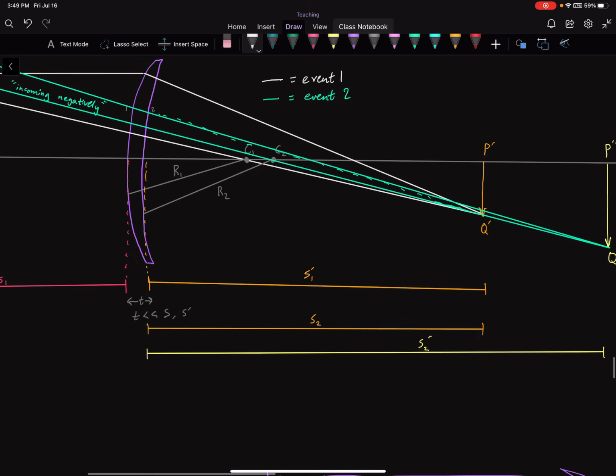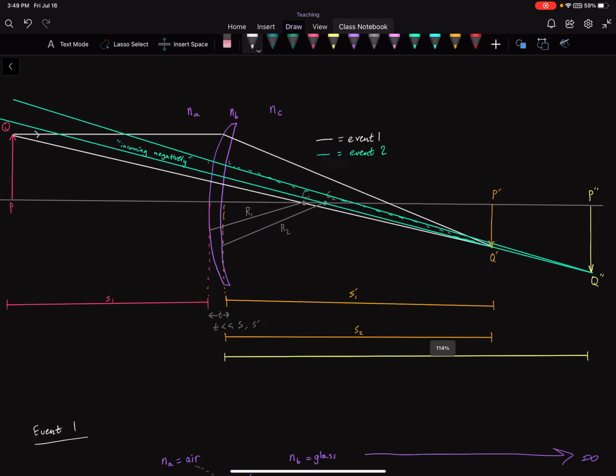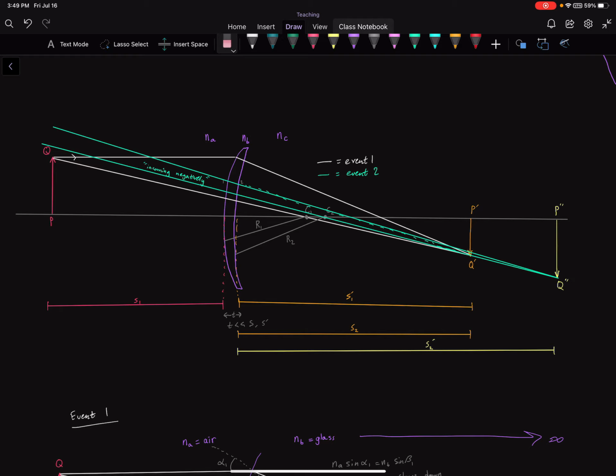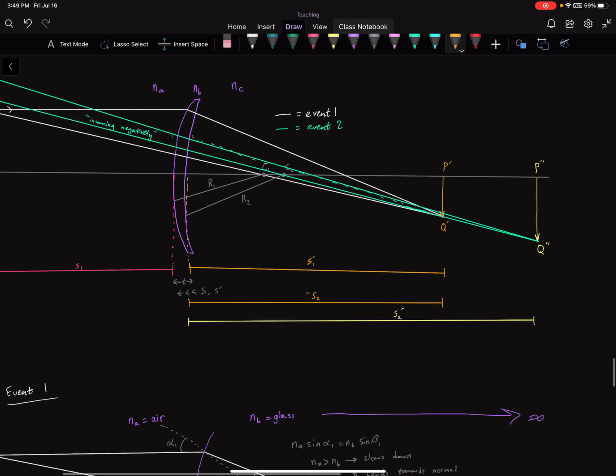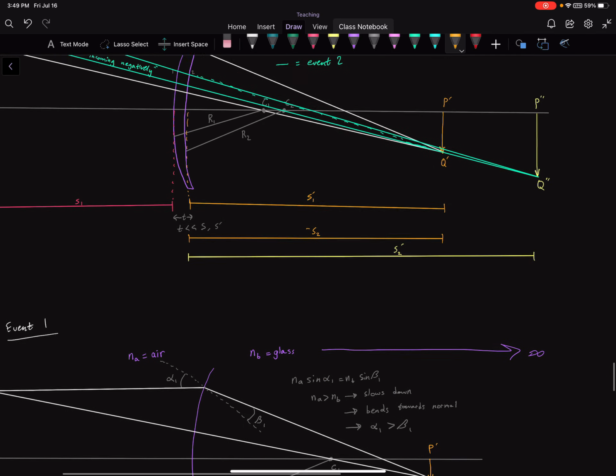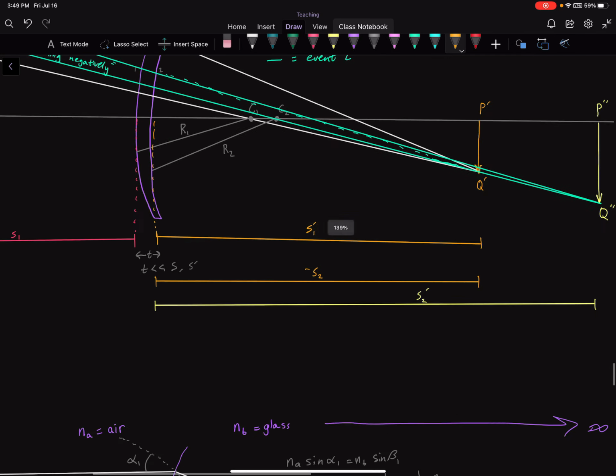S2 is the object distance for event 2, and it is not on the same side as the incoming rays, and so therefore it is negative, right? And so we have this relation that these are the same lengths, S1 prime and S2, but opposite sign. And so let's come back down here, try this one more time. Hey, look, I was dead on.